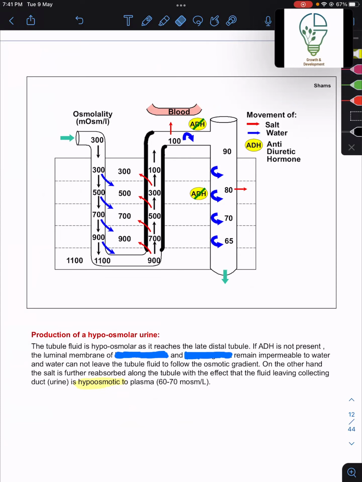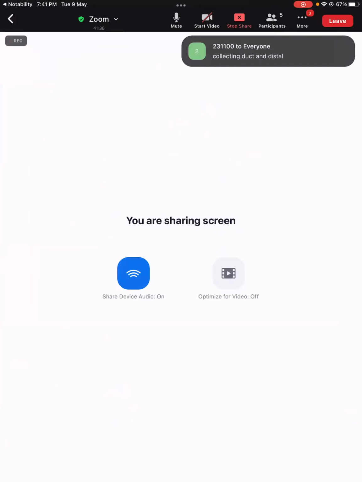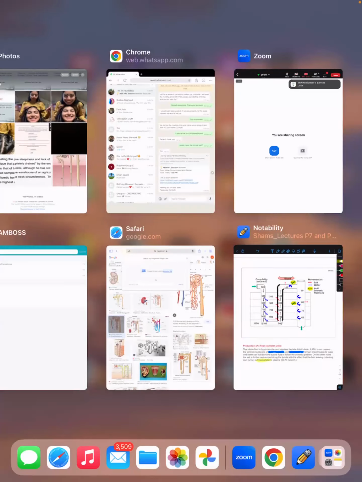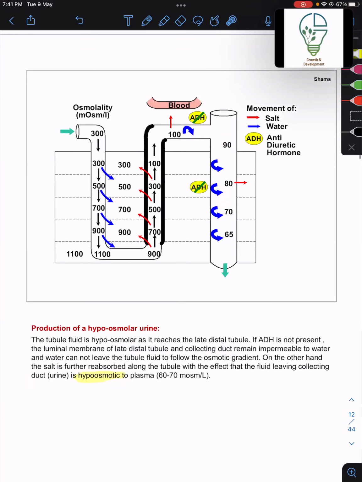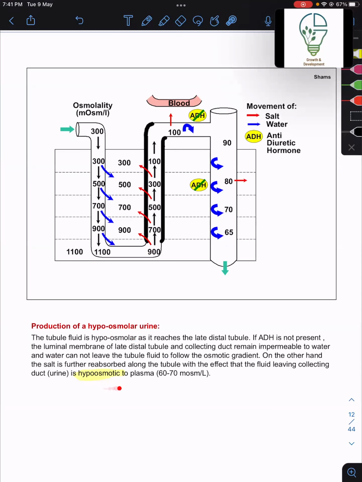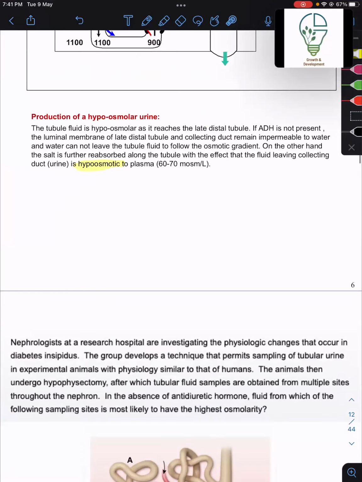The two parts of the tubules. Collecting duct and distal. Good. That's kind of right. And then the other thing that I told you about is that there is a small amount of solute reabsorption, and that's also going to contribute to very, very dilute urine. And that's going to make hypoosmotic urine, right? It's going to be less concentrated than the plasma.